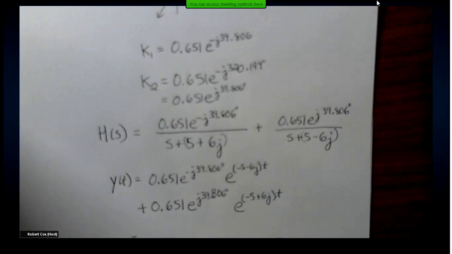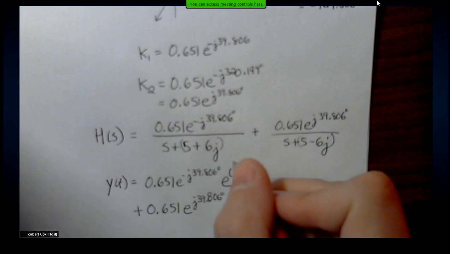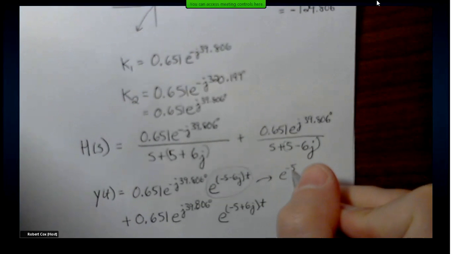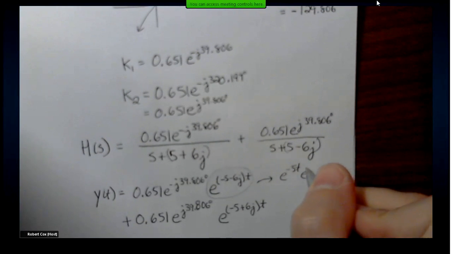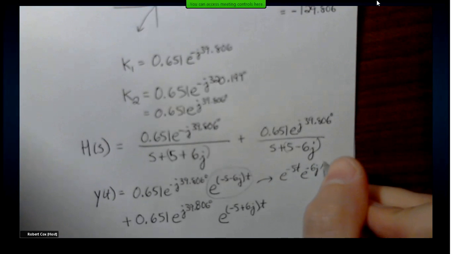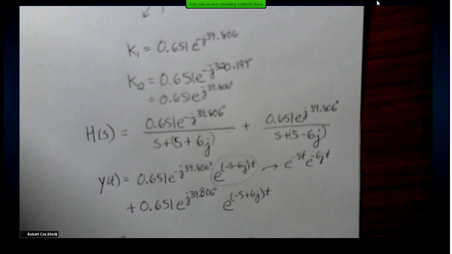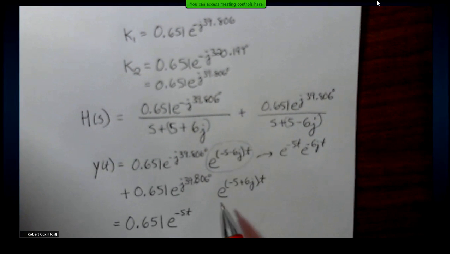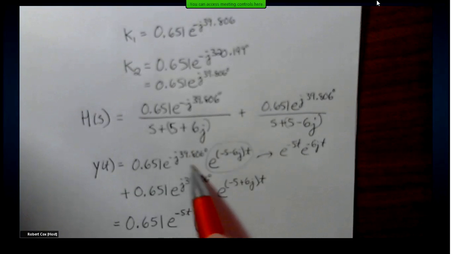Okay, so let's play with this a little bit. What do I get? Well, if I break these apart, I see that this term right here is going to become e to the minus 5t times e to the minus 6jt. Okay, so what does that give me? Well, I have 0.651 times e to the negative 5t, common in both terms, so I factor that out.